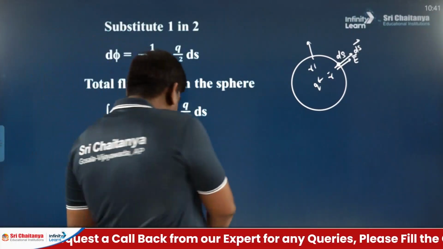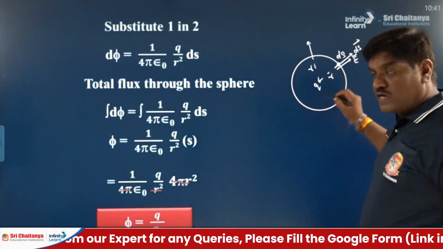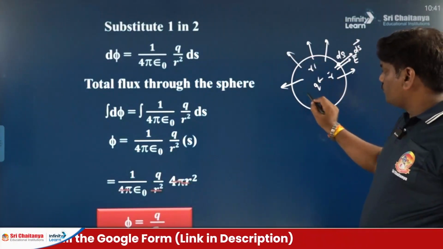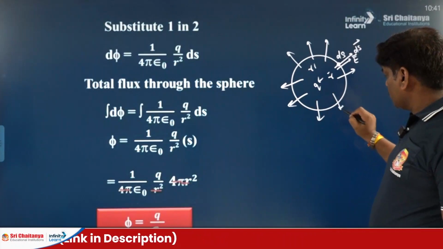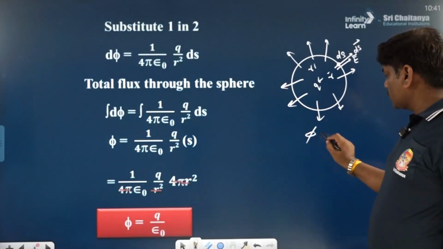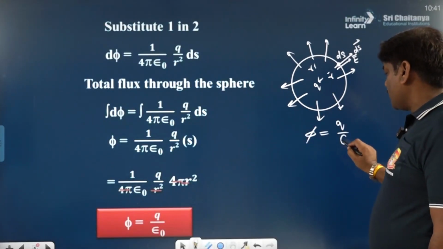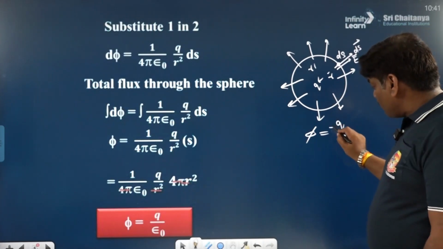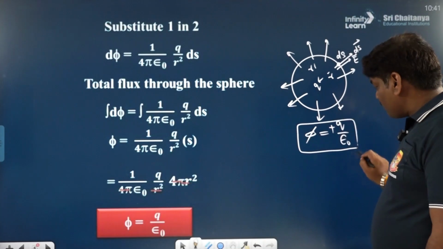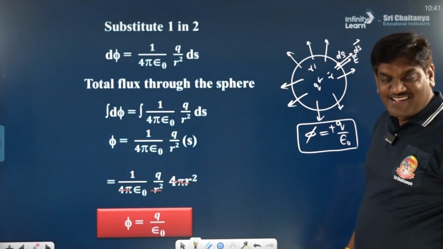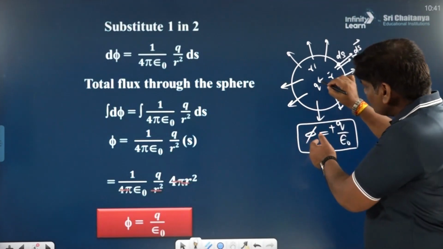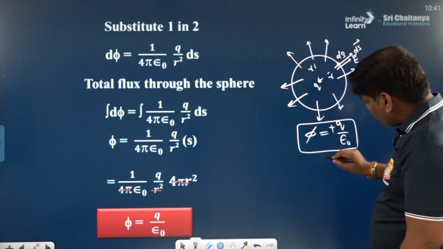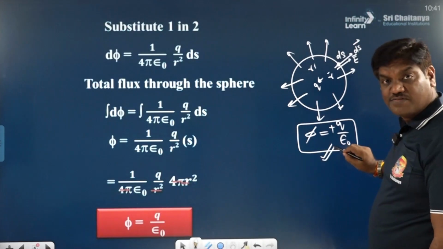That means the total flux passing through this spherical surface, due to the positive charge, is Q by epsilon naught. The point to be noted is that this is coming positive. Why? As we have discussed earlier, due to the positive charge the entire flux is coming out, and exiting flux always has a positive sign.